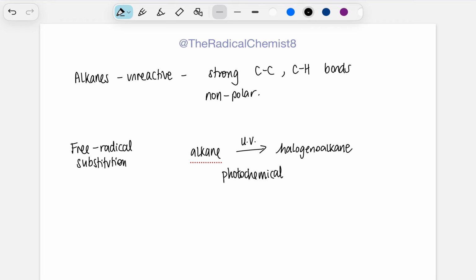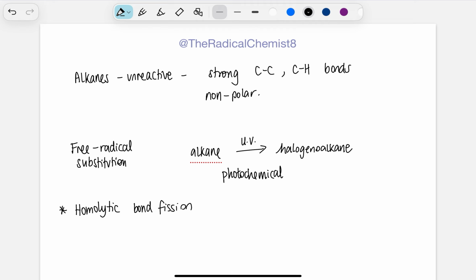So another thing you need to remember as well is the type of bond fission that occurs in this case. In my previous video on electrophilic addition, I went through this. For this mechanism, we will be looking at homolytic bond fission.